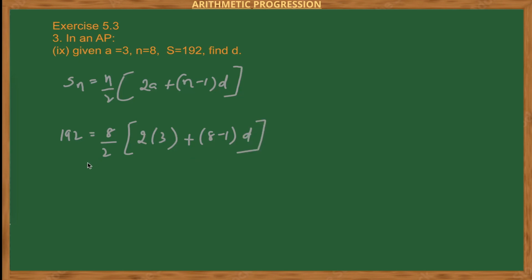So 192, 2 gets divided, 2 4s are 8, 4, 2 3s are 6 plus 8 minus 1, 7D.